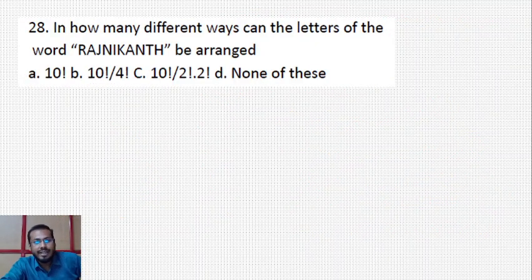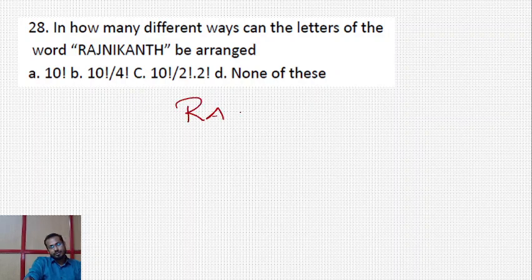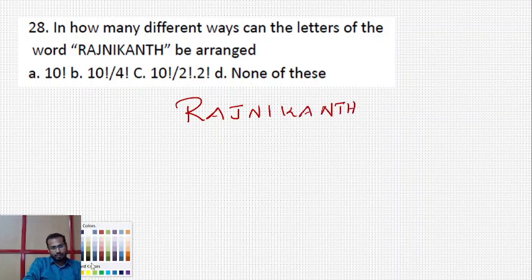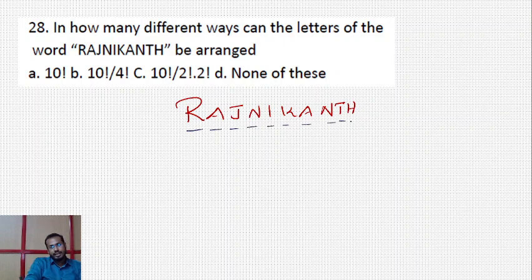In how many different ways can the letters of the word Rajnikant be arranged? Look at this. Totally how many letters? 1, 2, 3, 4, 5, 6, 7, 8, 9, 10.